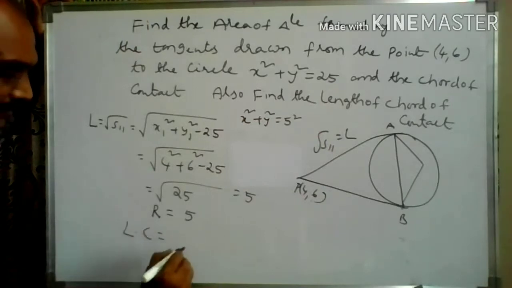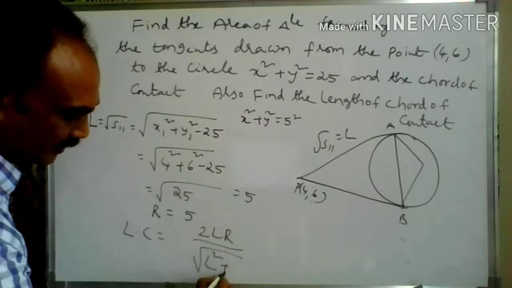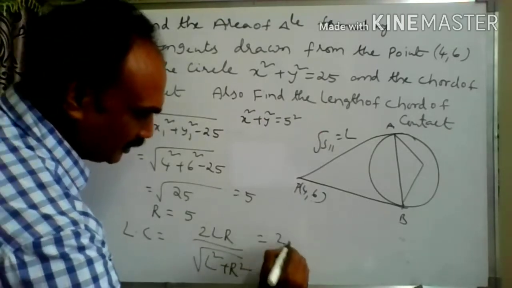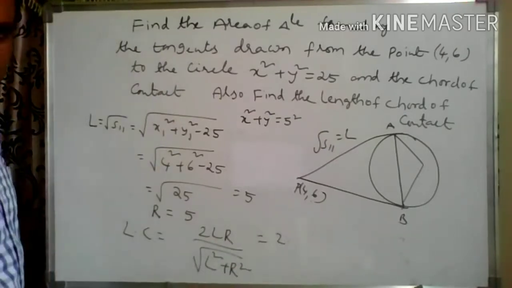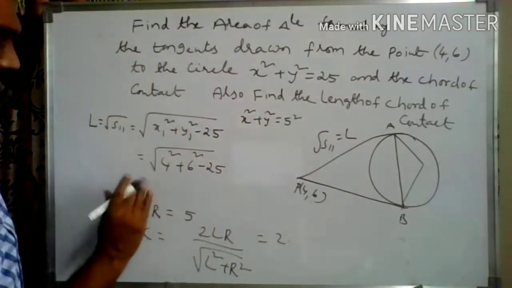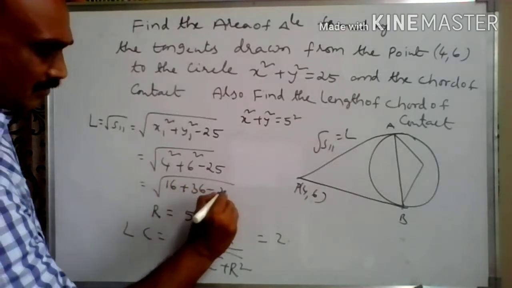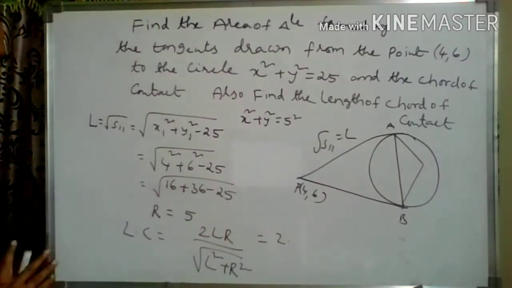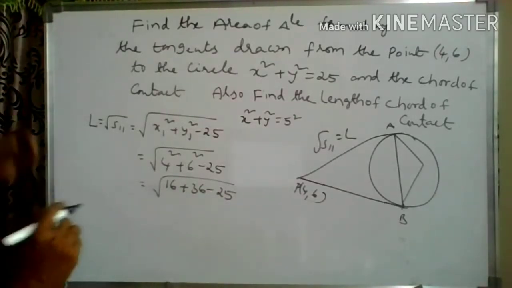First, length of the chord of contact is equal to 2LR by root of L square plus R square. Students, L is equal to root of 16 plus 36 minus 25.